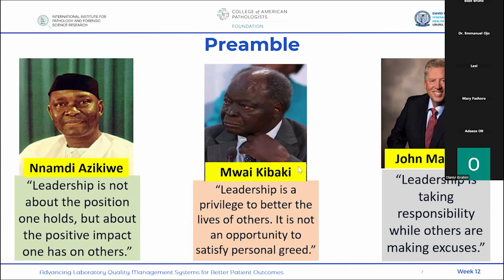Then there's the former president of Kenya, Mwai Kibaki, who said leadership is a privilege to better the lives of others. It is not an opportunity to satisfy personal greed. This will also help us to appreciate the kind of persons we need in leadership positions, even in our lab.